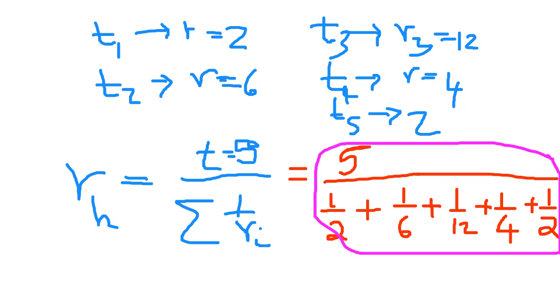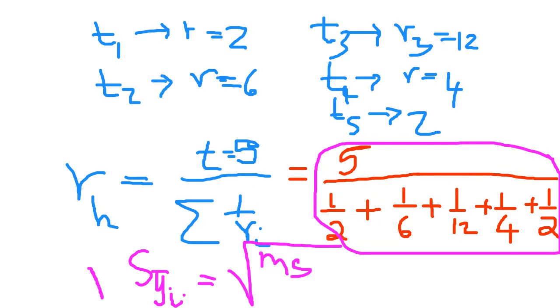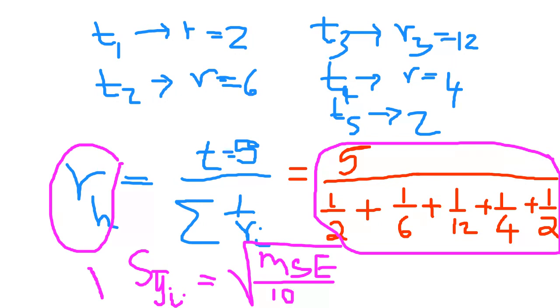After that, your standard error of yi dot, or y dot j, is equal to the square root of MSE divided by the harmonic mean, which here is 10 over 3.